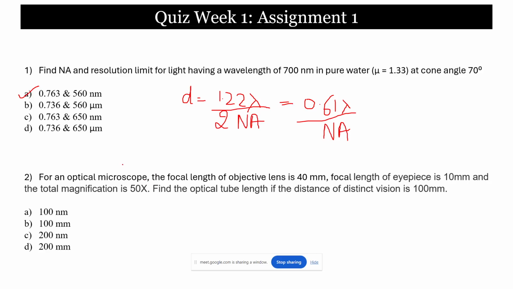For the second question, we have, for an optical microscope, the focal length of the objective lens is 40 millimeter, the focal length of the eyepiece is 10 millimeter, and the total magnification is 50x. Find the tube length if the distance of distinct vision is 100 millimeter.